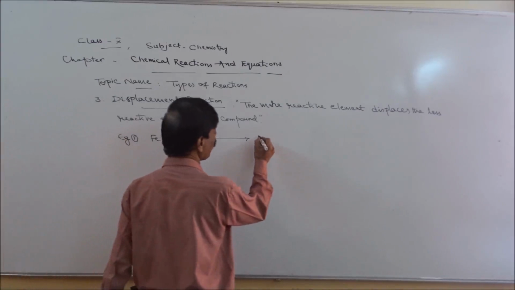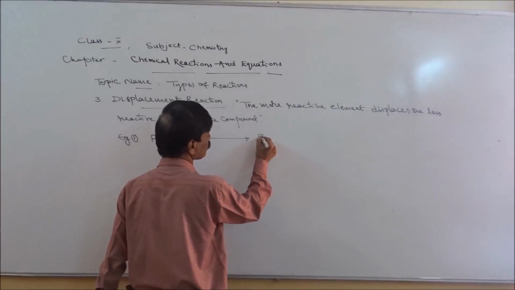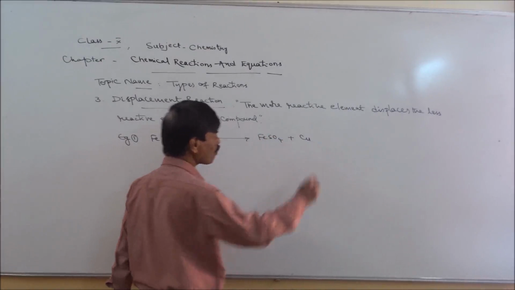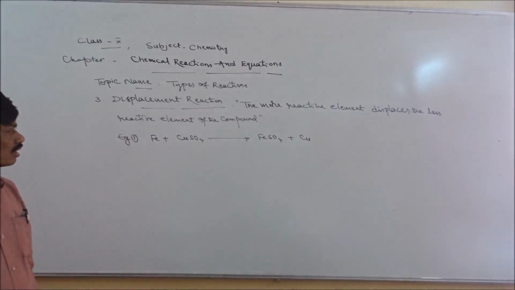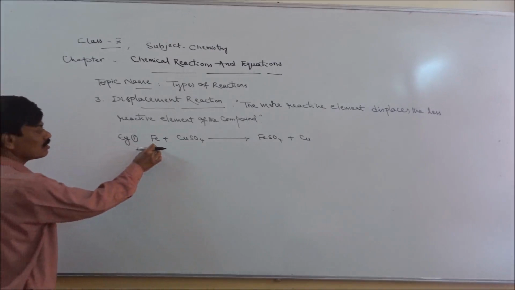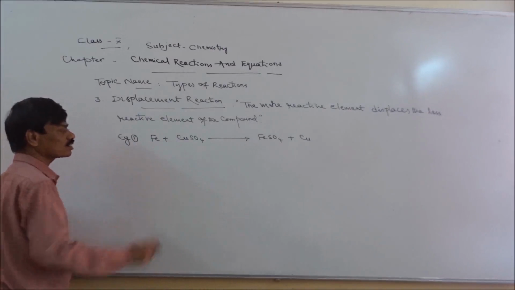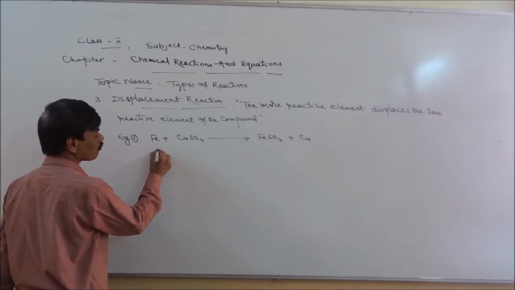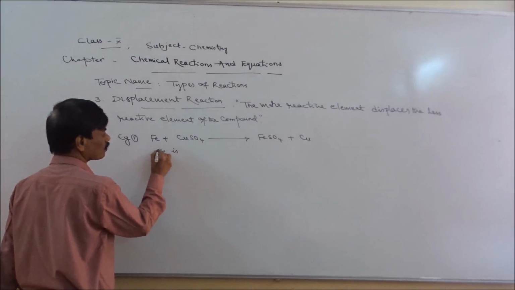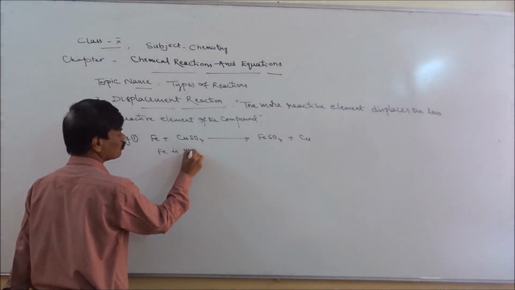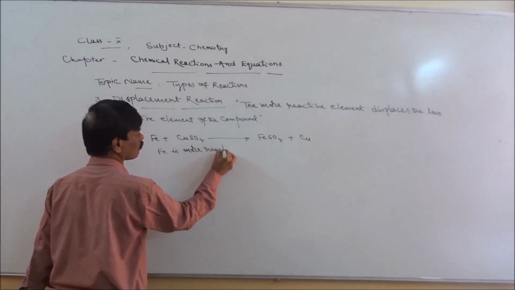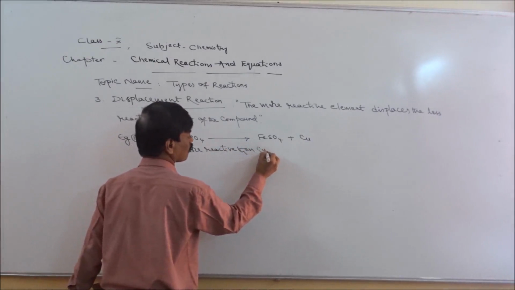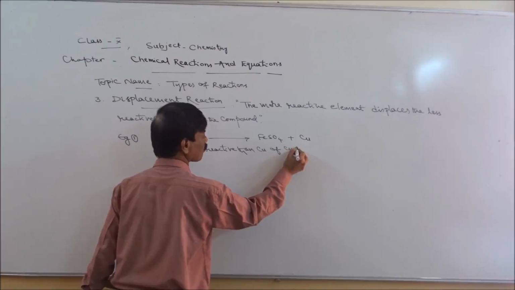As a result, we will get iron sulfate plus copper. Iron is more reactive than copper. If it is written, it will be more clear. Iron is more reactive than copper of copper sulfate.